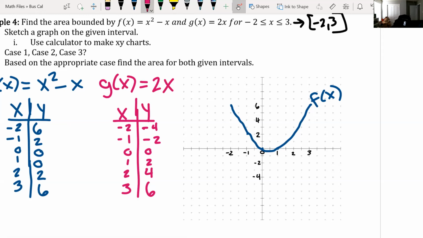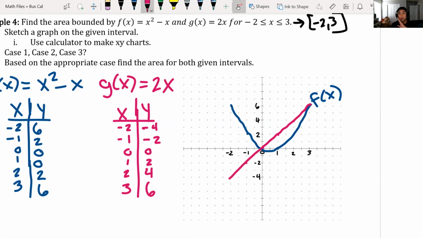And then g of x. -2, -4, which is down here. -1, -2. And then 0, 0, 1, 2, 2, 4, 3, 6. So there we go.